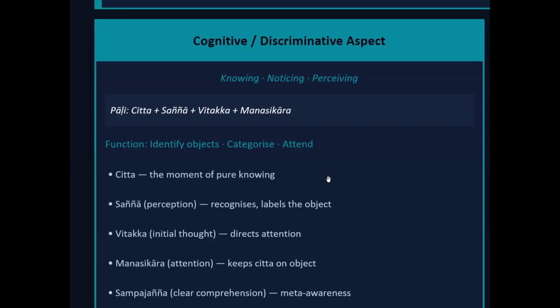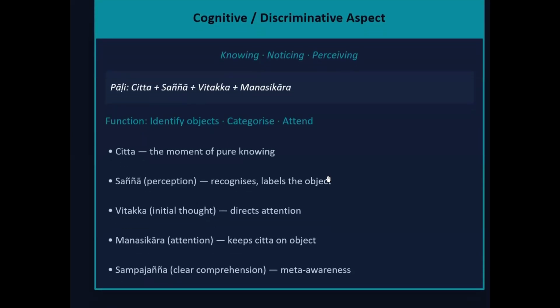If you are new to this particular object, you will give a name to it. If not, it will be inside our memory, and we can straight away recall the name. And then vitakka, initial thought, directs attention. When you come with this attention, you will be studying and focusing on this particular object. So: initial thought, direct attention.